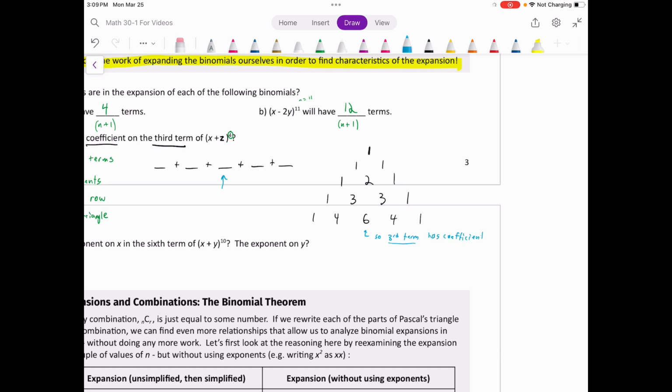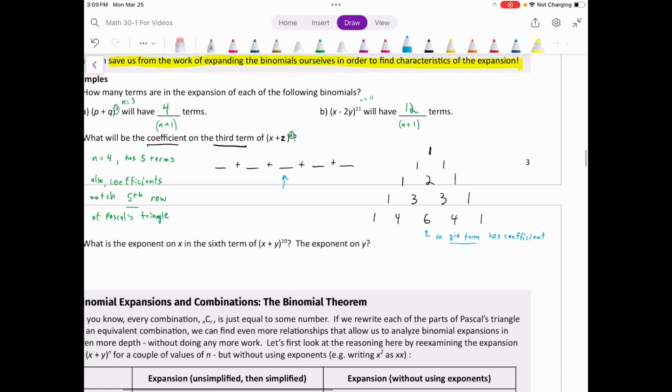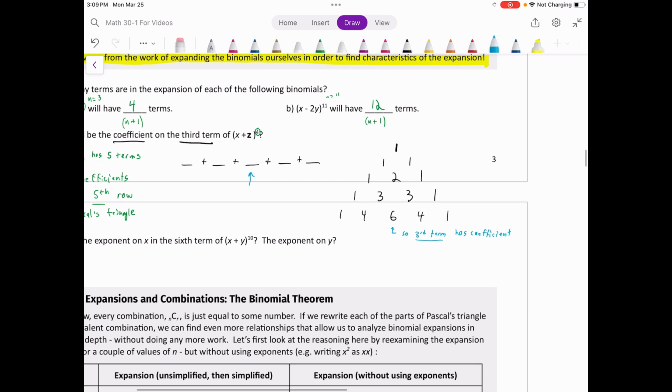Just an aside here that I want to mention early because it will come up as we go. This works here because it really is just 2 variables. It's not like 2x, or a 4 or something like that. In those cases, the coefficient can contain more than just this Pascal's triangle number, but that's just because you're not just expanding z, you might be expanding 2z.